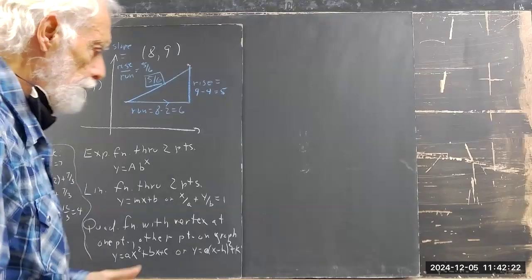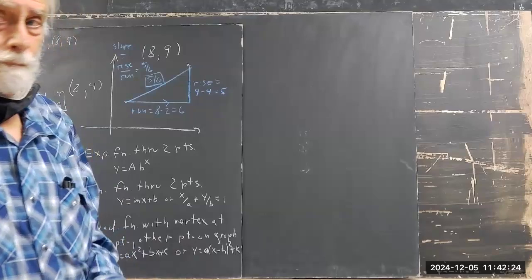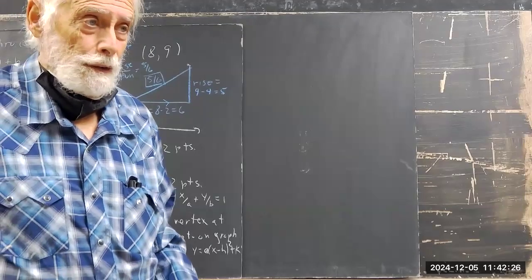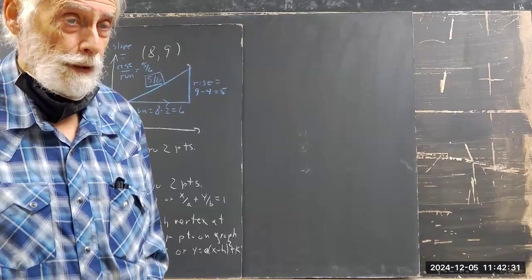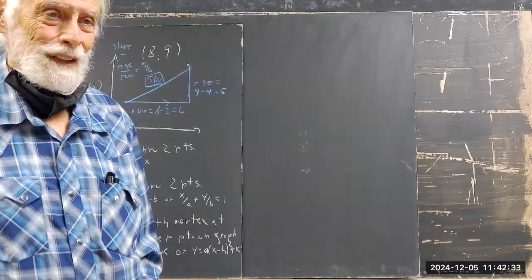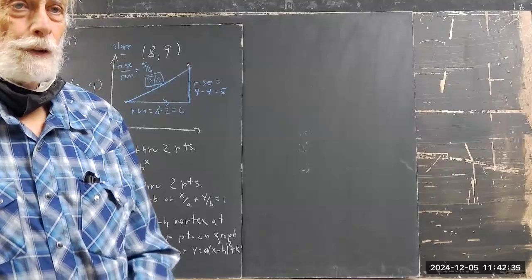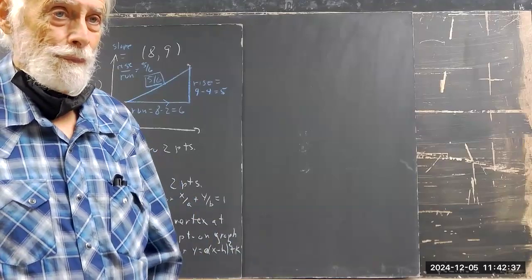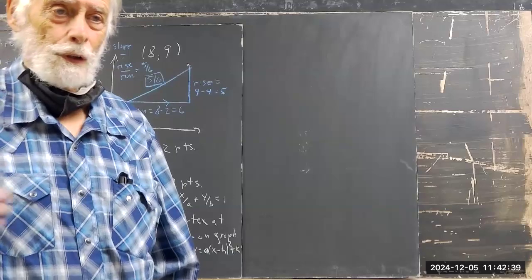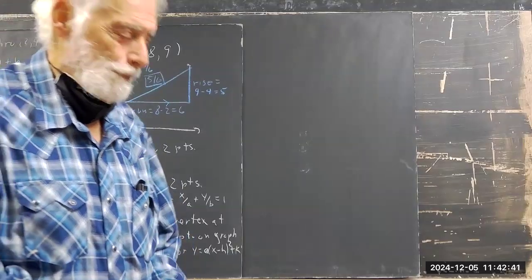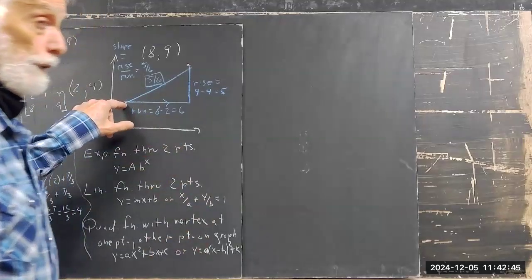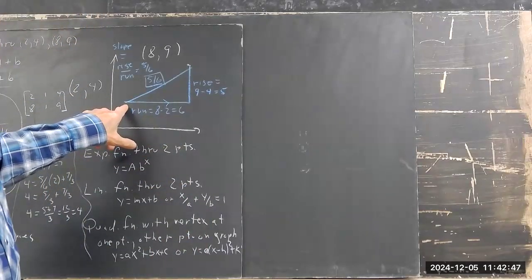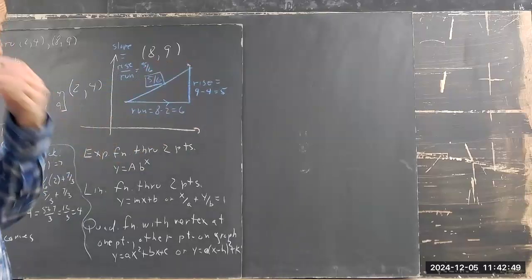So what we want to do now is find a quadratic function with the vertex. I want everybody to vote. And if the vote is split, I'll have to flip a coin because we have an even number of people here. Left or right? Thumbs to the left or thumbs to the right? Let's say left. So we're going to use this point as the vertex. If we use this point as vertex, it'd be completely different.